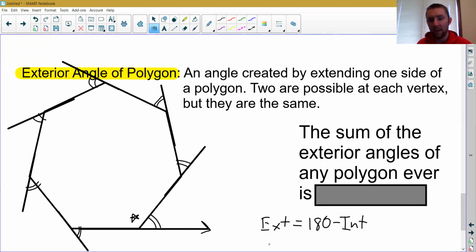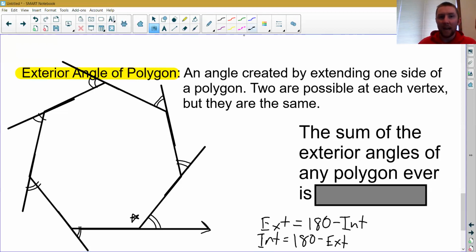It's also true that an interior angle is equal to 180 minus an exterior angle. So they have this relationship: interior angles and exterior angles at the same corner always add up to 180 degrees. That means as the interior angles get bigger, the exterior angles get smaller. But as the exterior angles get smaller, there are more of them because there are more sides on the shape.